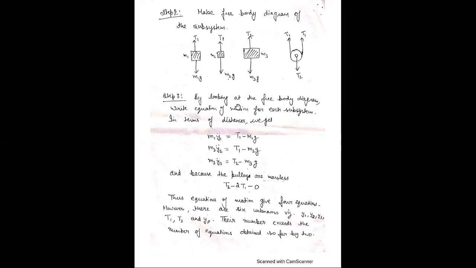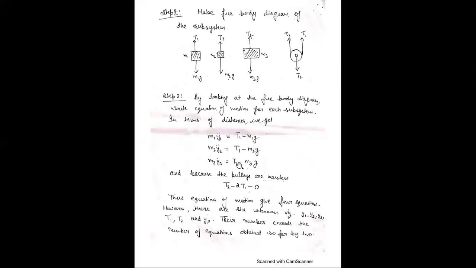Now looking at the free body diagrams, we write the equation of motion for the first. This is only vertical motion, therefore we use M1 y1 double dot equal to T1 minus M1G. M2 y2 double dot, because height of the pulley here, y1 for mass M1 and y2 for mass M2.